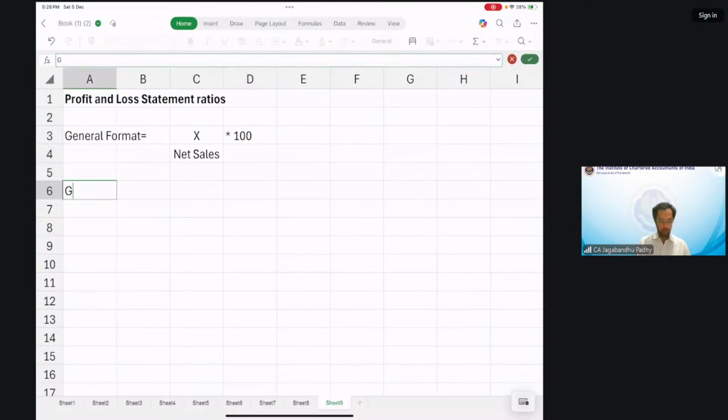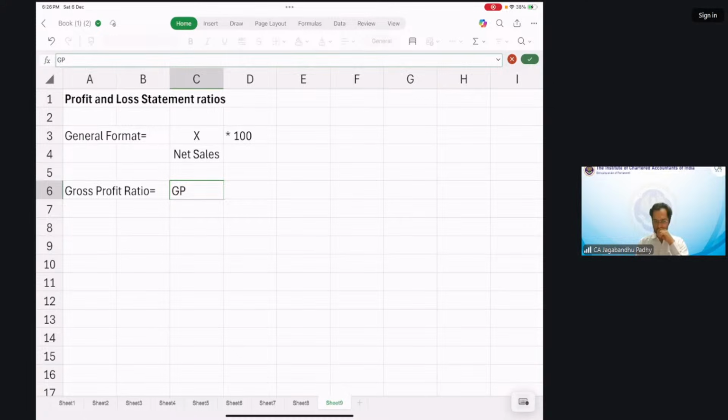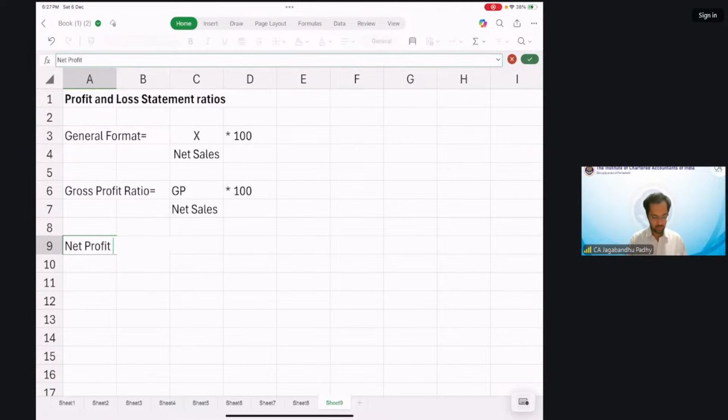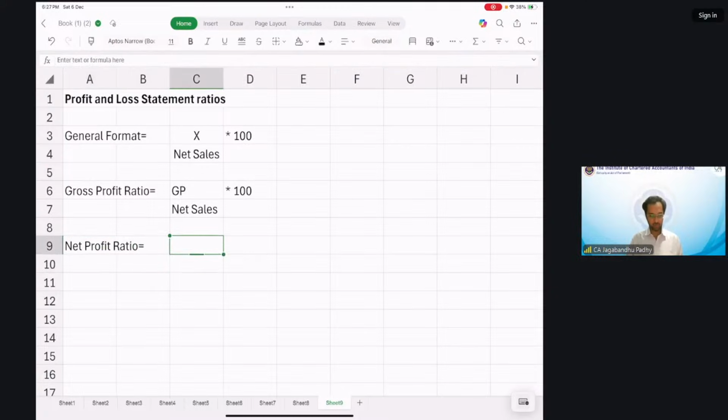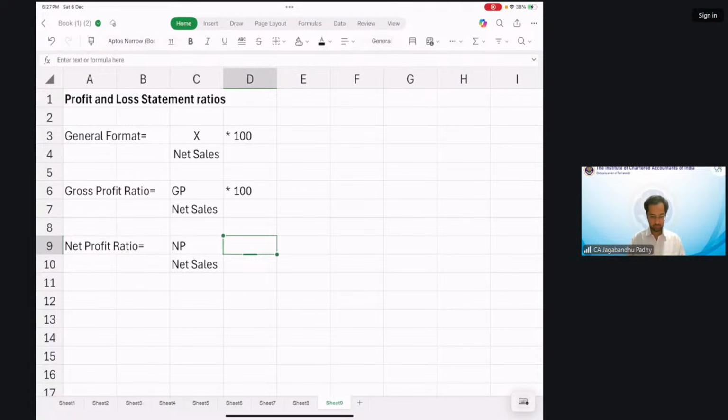For example, the gross profit ratio is gross profit upon net sales into 100. Then the net profit ratio is simply net profit upon net sales into 100.